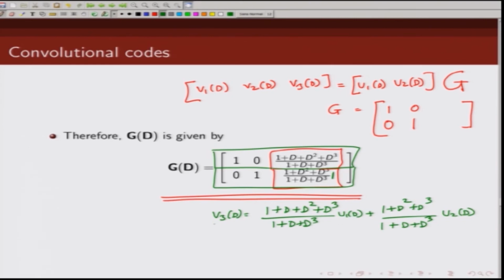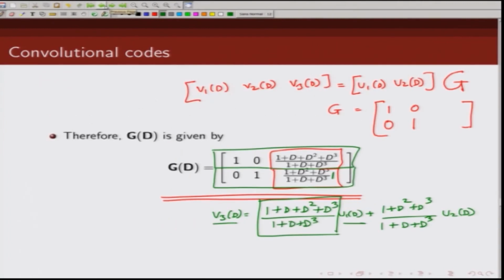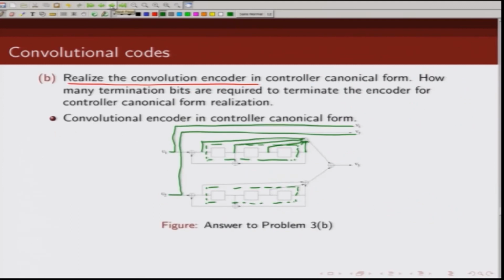So, the relationship between V3 and U1d is given by this. Let us implement this. The numerator has 1 plus d square plus d cube. You can see here this is my 1, this is my d square, and this is my d cube. Similarly the denominator has 1 plus d cube. So, the denominator, this is the 1 term, this is the d term, and this is the d cube term.